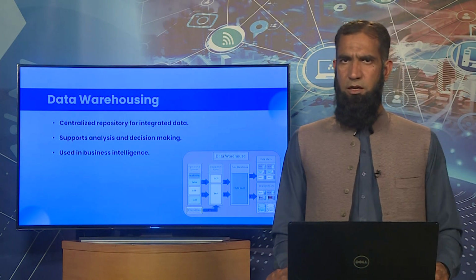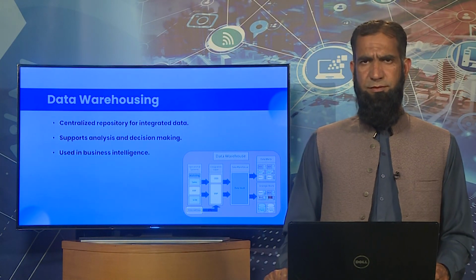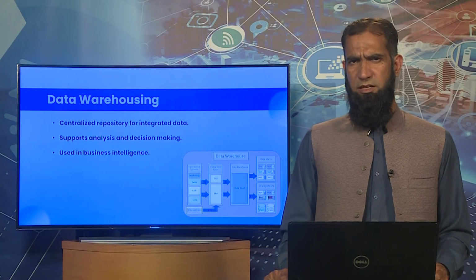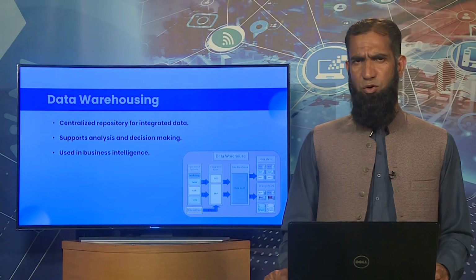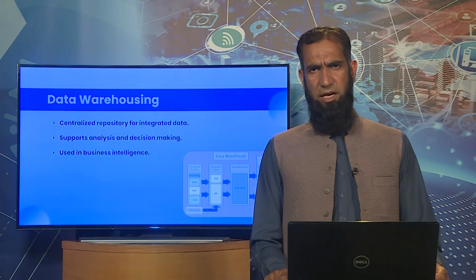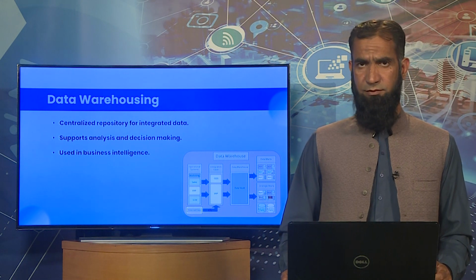In businesses, data warehouses are widely used for business intelligence, which helps organizations generate reports, analyze trends, and make data-driven decisions. So, in short, a data warehouse is where all the critical data comes together for strategic planning and analytics.